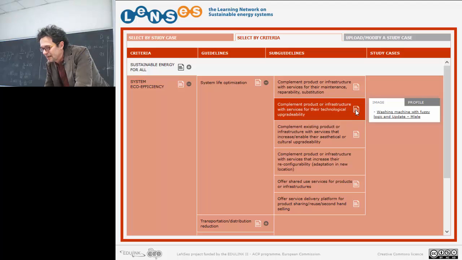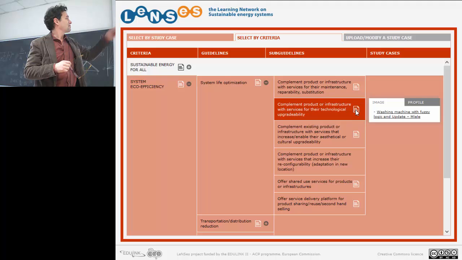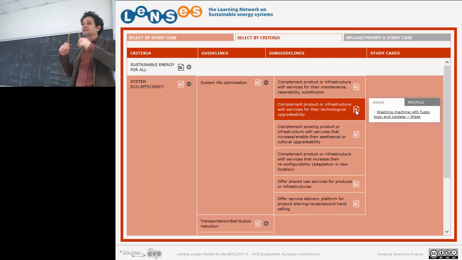Let's see some other example. Another guideline is to complement product infrastructure with services for their technological upgradability.